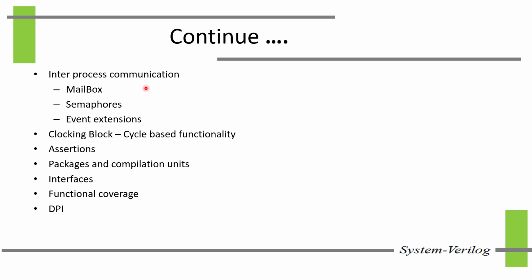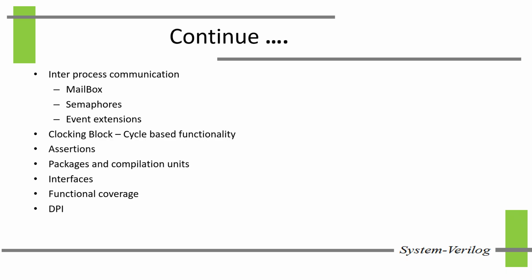Then inter-process communication constructs also got added in SystemVerilog, like mailbox, semaphores, and events. It also supports clocking block, assertions, package and compilation units, interfaces, functional coverage, and DPI. Basically, it adds lots of new features which you need for verification.